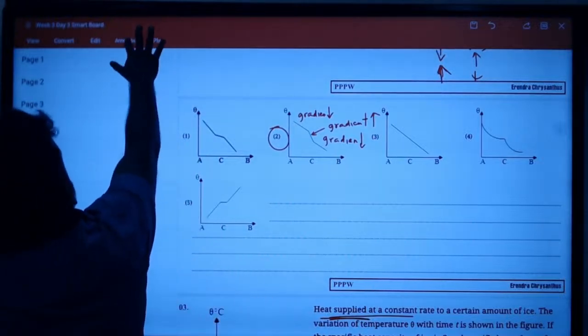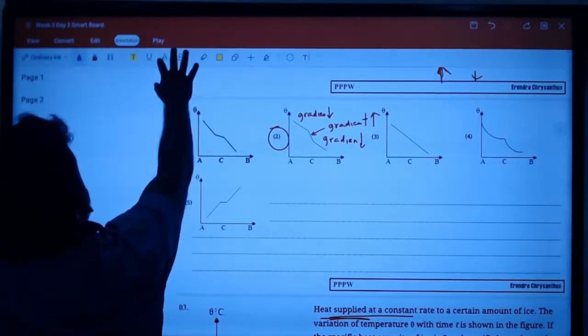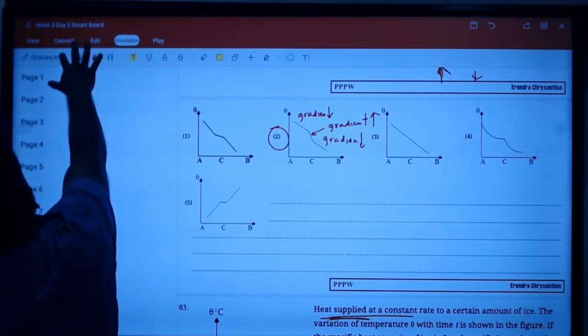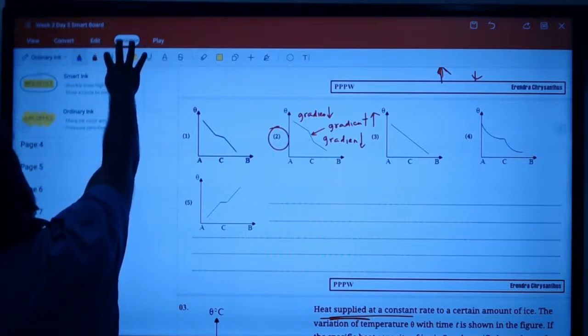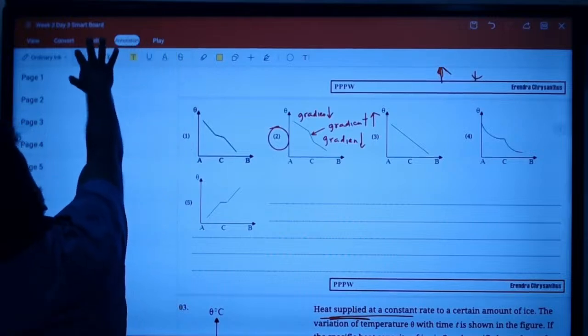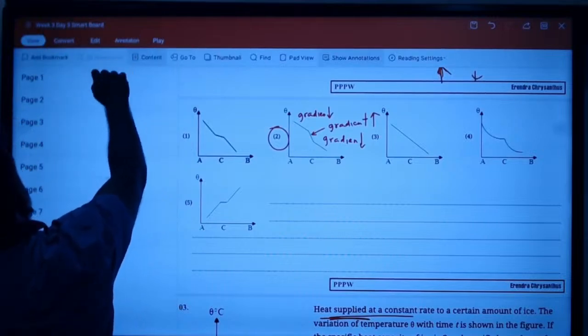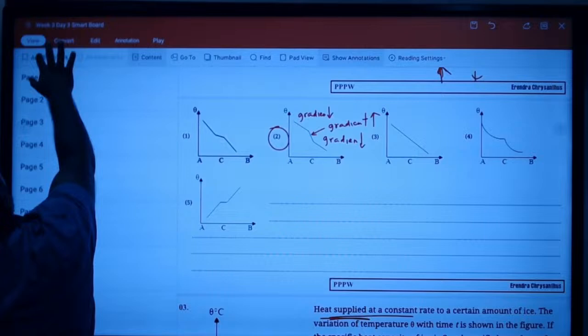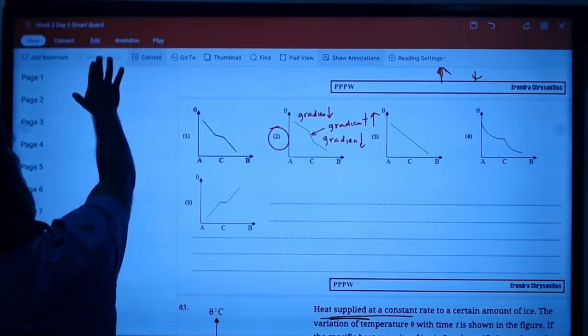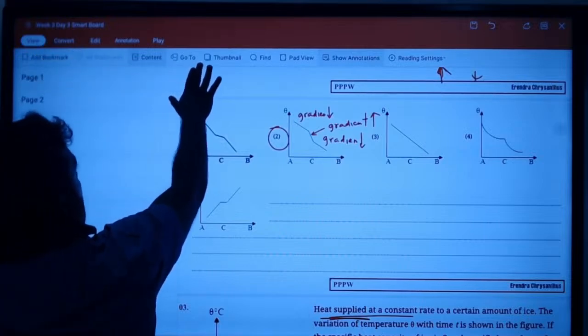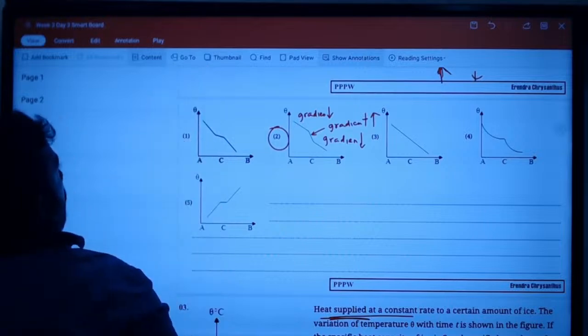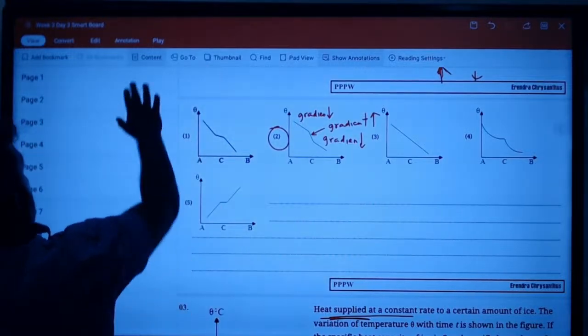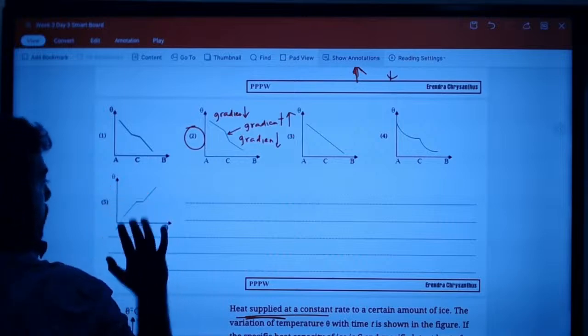Just happen. View content, right? Okay, done.